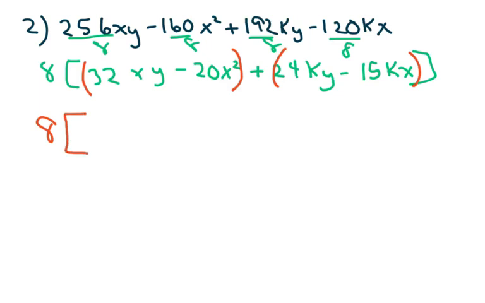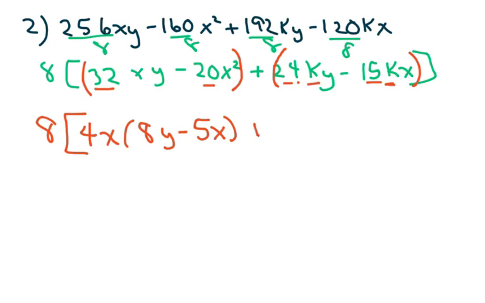Then I'm going to factor out, in this case, a 4 and then an x, and I get 8y minus 5x. This set, I'm going to factor out a 3k, because they both have k here.